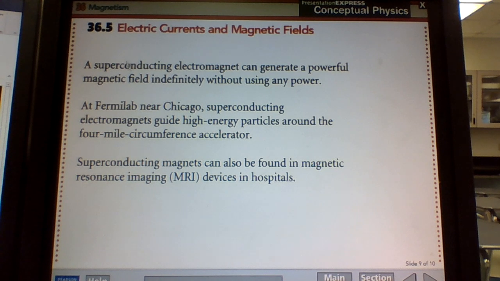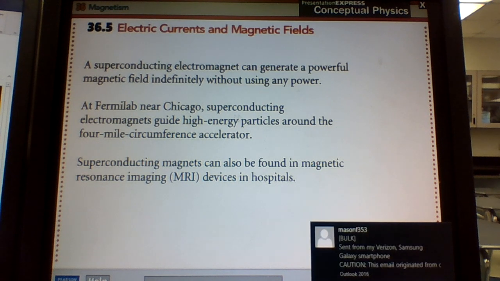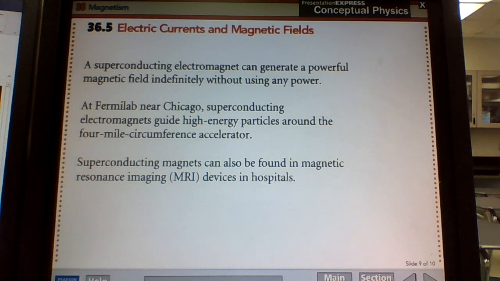But we do have these superconducting electromagnets. It can generate very powerful magnetic fields for very long periods of time without using much power. And we do have to use some power. It says without any power. You do have to indeed use a little bit of power there.